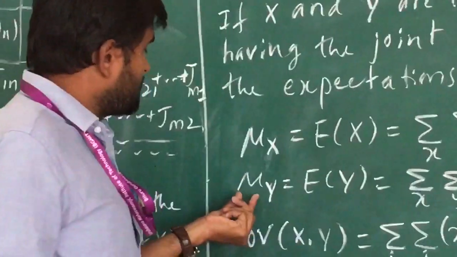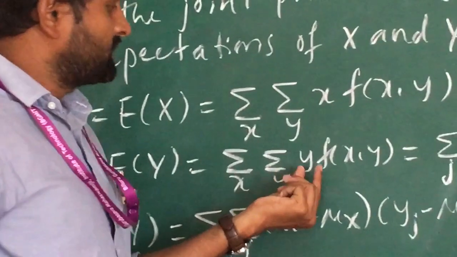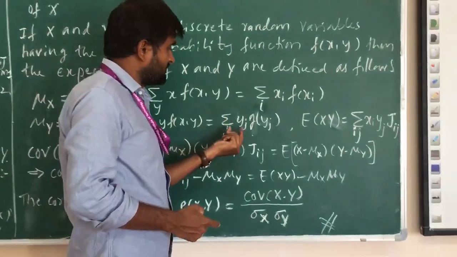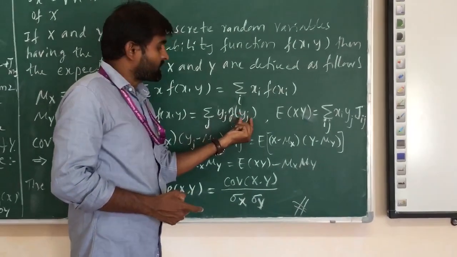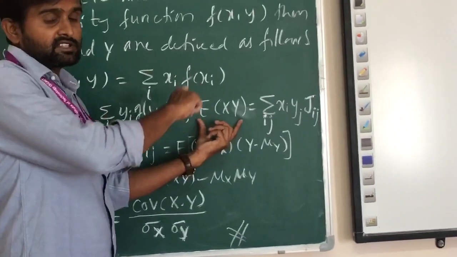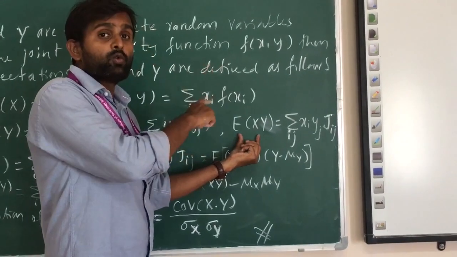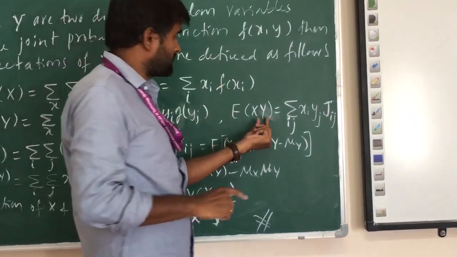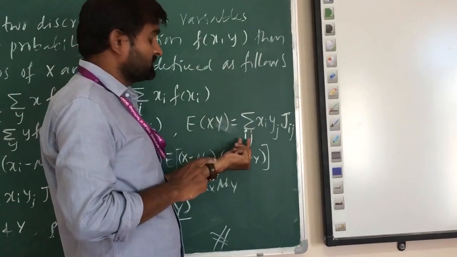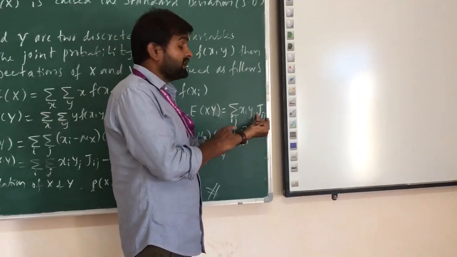Then mu y equal to expectation of y equal to the sum over x and y of y into f of x comma y, which equals the summation over j of yj g of yj. The expectation of x y equals the summation over i and j of xi yj into J ij.